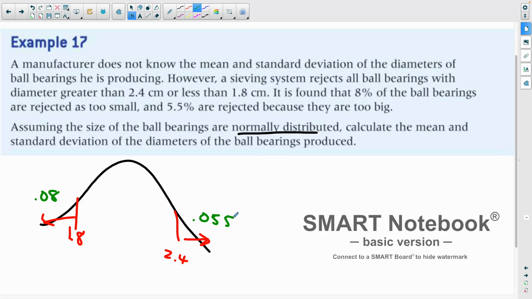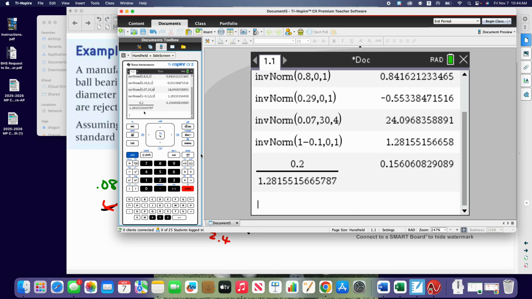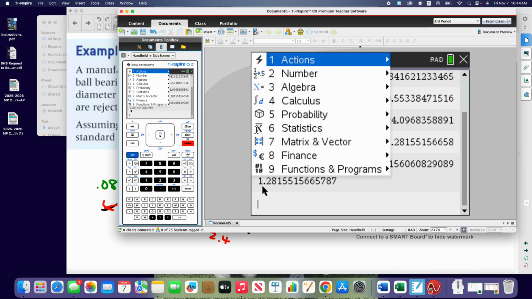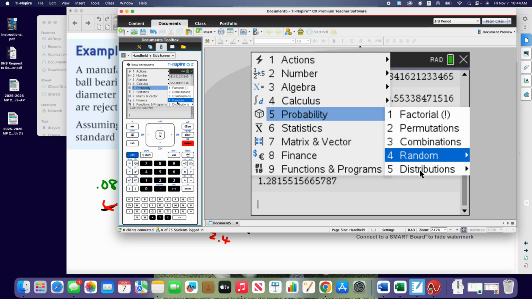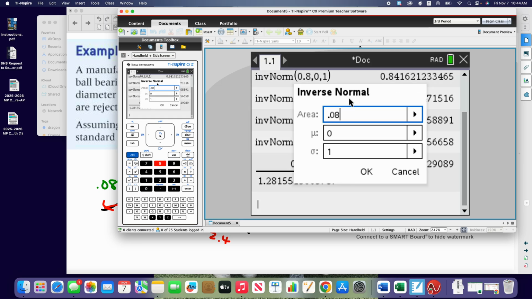So what I'm going to do is use my z-score formula twice, one for the left-hand side, one for the right-hand side. Okay? So if I were to do this, I'm going to put the 0.08 into my calculator. So that's the 8th percentile. So what is the z-score for an 8th percentile? So go menu, probability, distributions, inverse normal, and I'm going to put 0.08 in there.